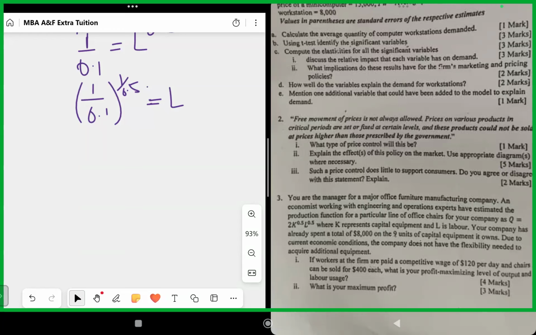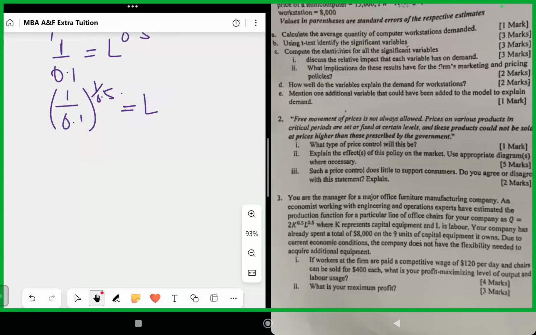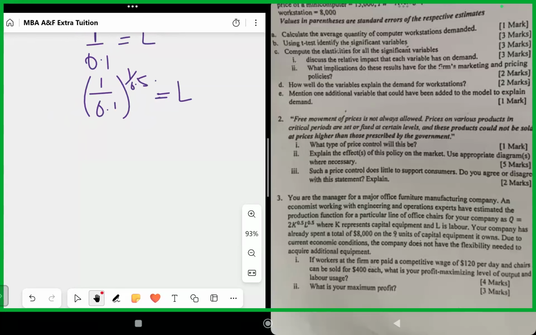So it means that L is 100. So this is 100. 100 equals L.